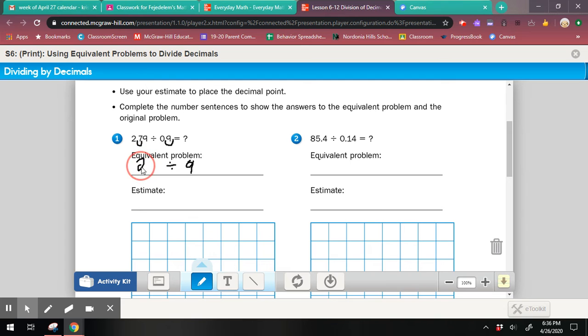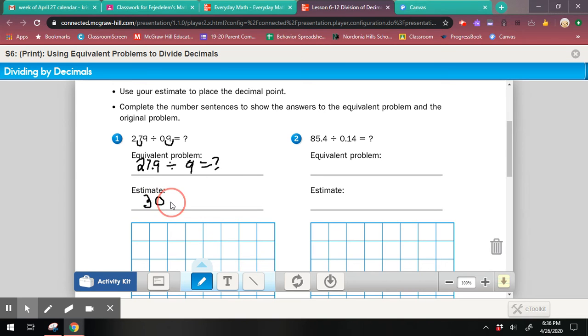So my equivalent problem is going to be 27 and 9/10 divided by 9 is, I'm not sure. We'll figure that out. So now 27 and 9/10 divided by 9 is what I'm going to make an estimate for. 27 and 9/10, pretty close to 30.